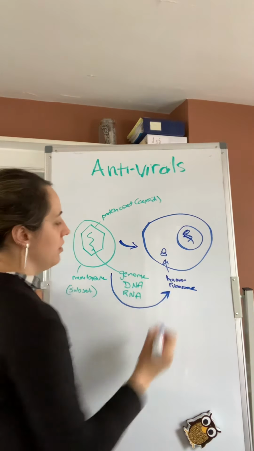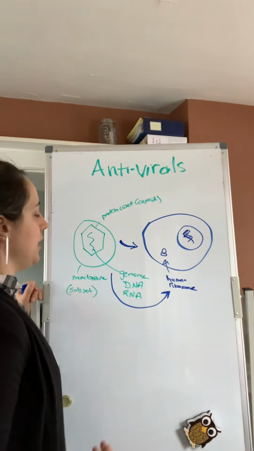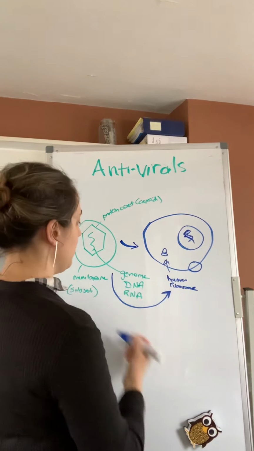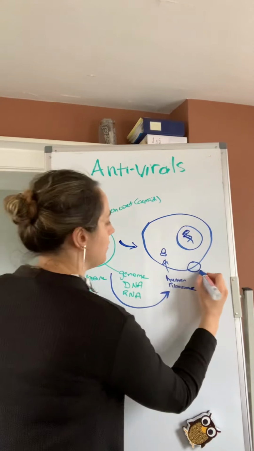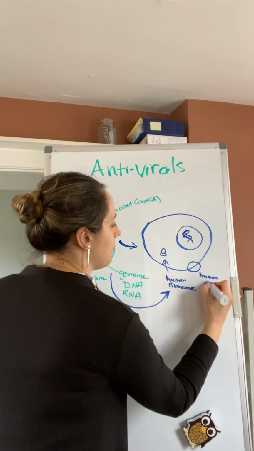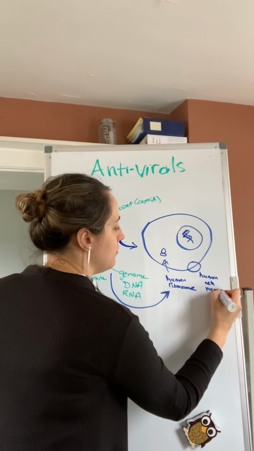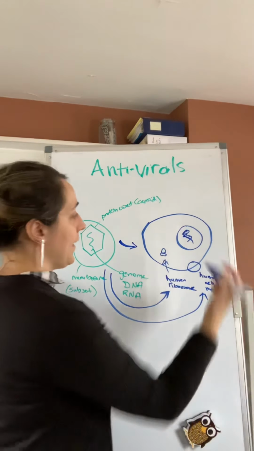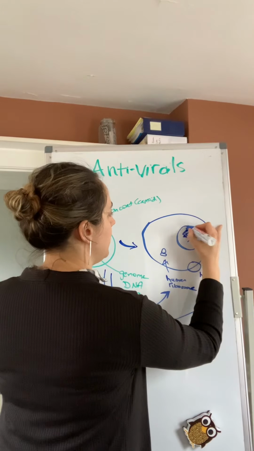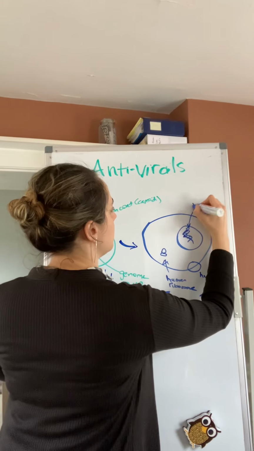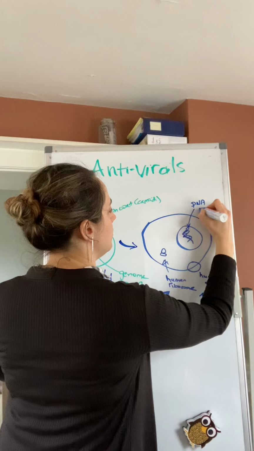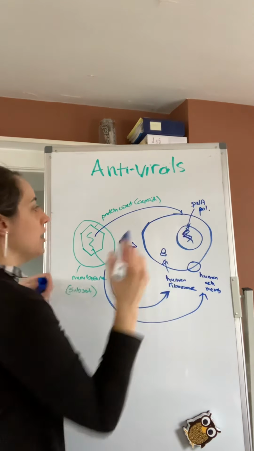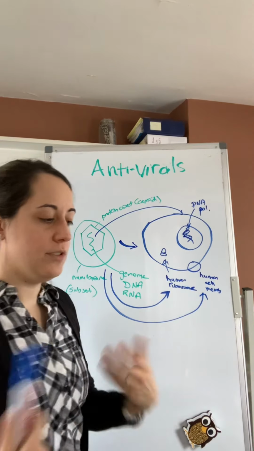And that's how the virus makes proteins. The virus is going to use human cell membrane if it needs this cell membrane. Viruses can use human DNA polymerase, and other molecules in the cell.